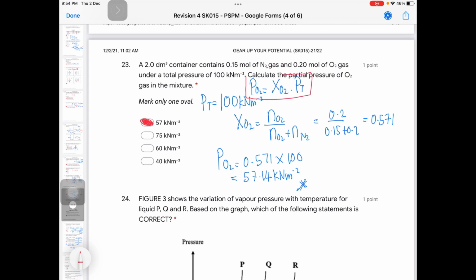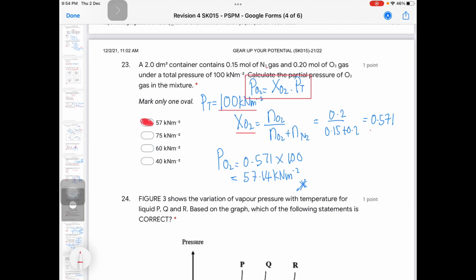Partial pressure of oxygen equals fraction times P total, which is P total given is 100 kN per meter square. Fraction for oxygen is nO2 over nO2 plus nN2, which is equal to 0.2 over 0.15 plus 0.2.